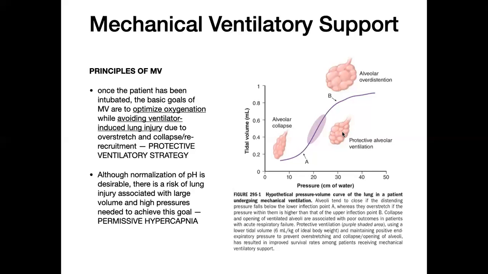If you want your alveoli to have just the right amount of distension, you have to keep the alveoli in the protective alveolar ventilation, and that's establishing your PIP at the lower inflection point and giving volumes that would not produce pressures more than 30 centimeters water.